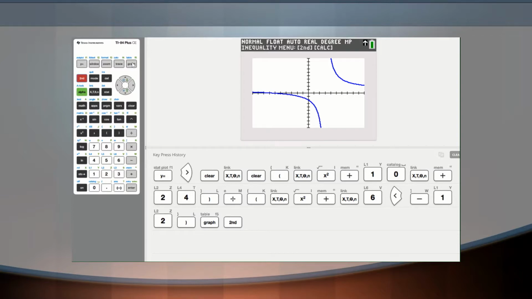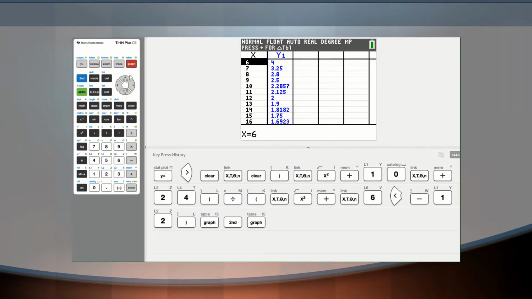I want to check my hole, but I'll get to 3 first. There's my vertical asymptote where x equals 3. And when I get to negative 4, shazam, there's the hole, and we calculated the y-coordinate of that to be negative 2/7.